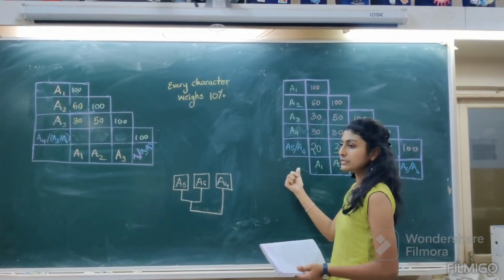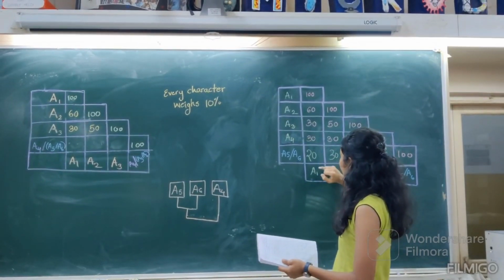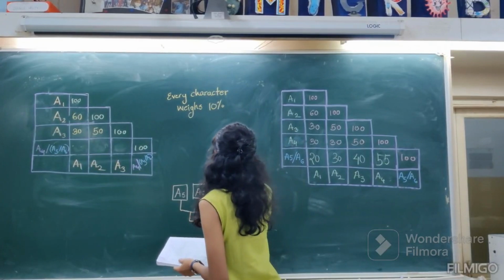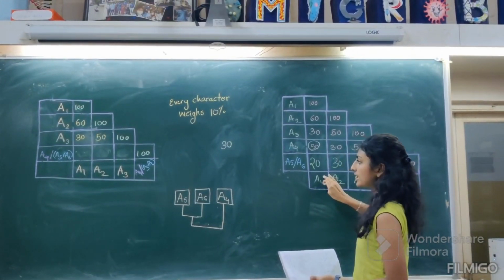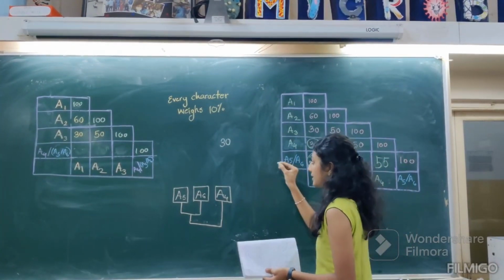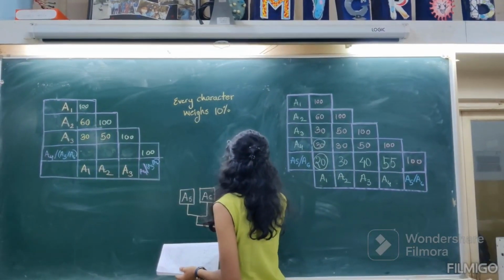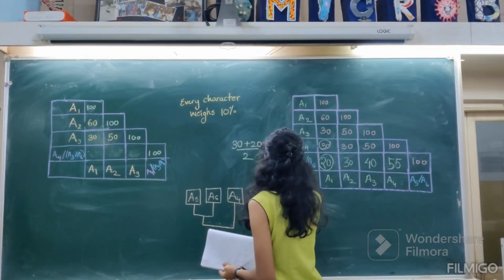So now let's start with the first organism, that is A1. A1, when compared with A4, we get 30% similarity. Then when A1 is compared with A5 and A6, we get 20% similarity. So now, we will calculate its average, which comes out to be 25.